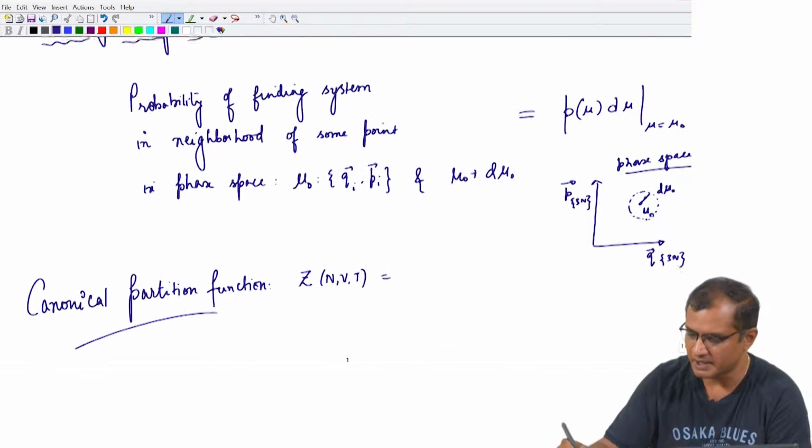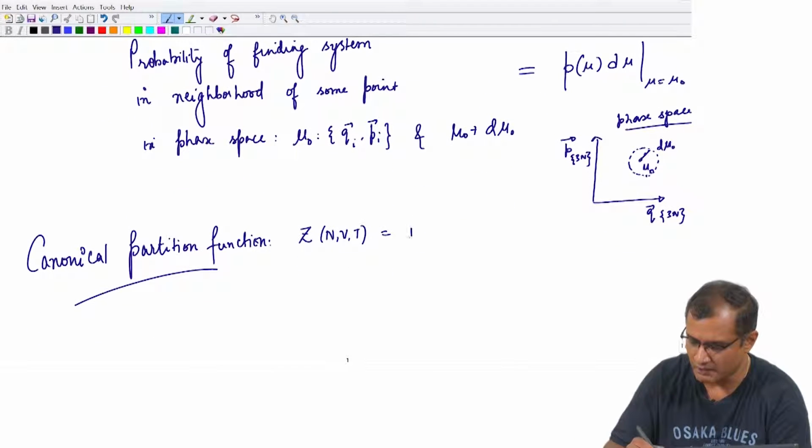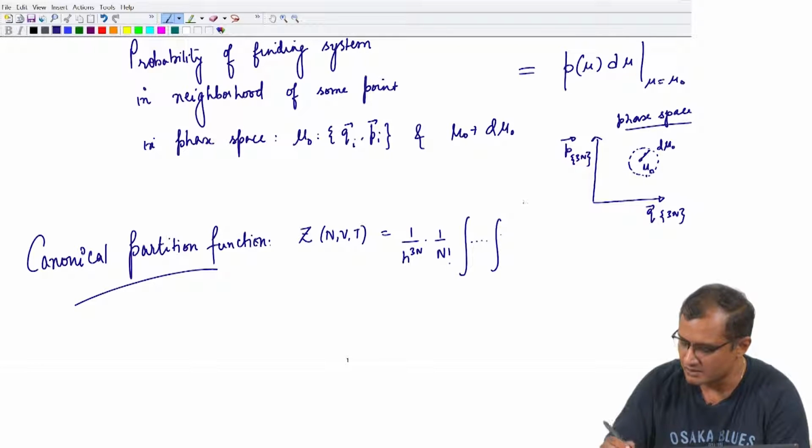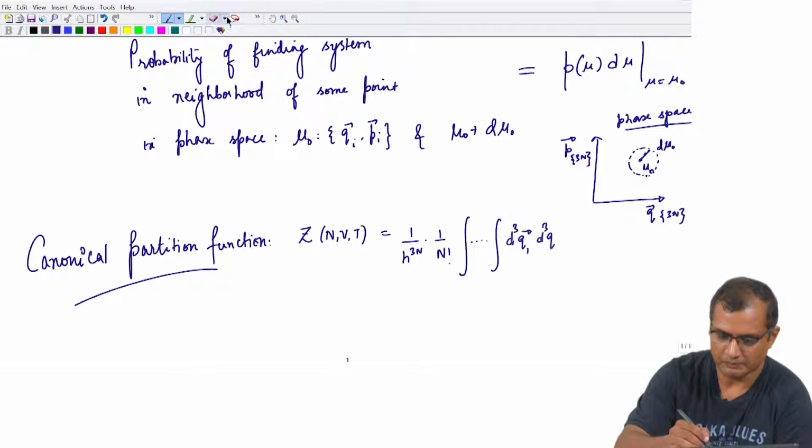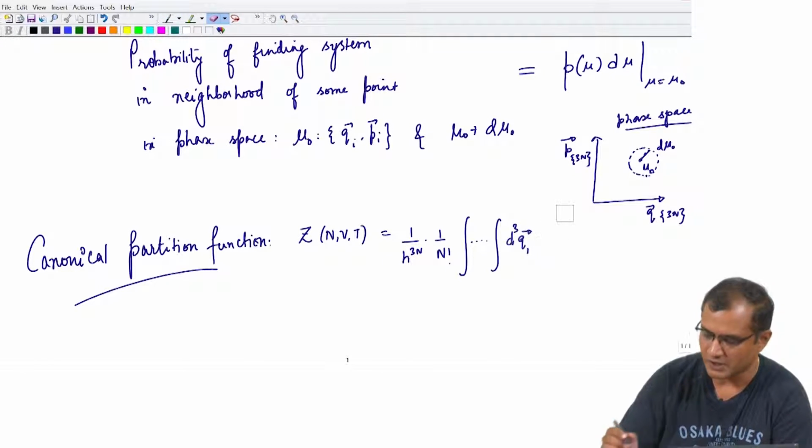So, it is simply by this definition given as 1 upon h to the power 3n into 1 upon n factorial into these 3n dimensional position integrals, to conserve the space.